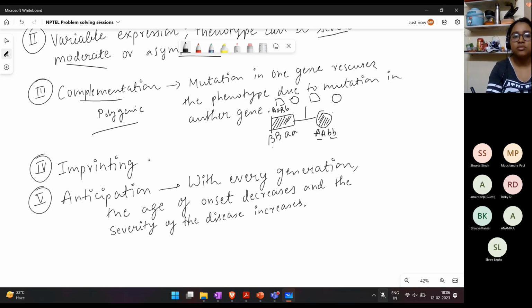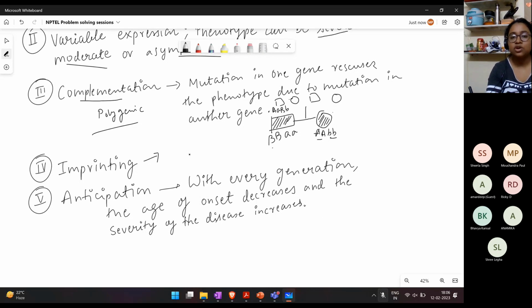So another complication can be that the affected gene might be imprinted. In the previous few minutes I was explaining what imprinting was. Certain genes are linked with one of the parents. The gene will only be expressed if it is inherited from the father.